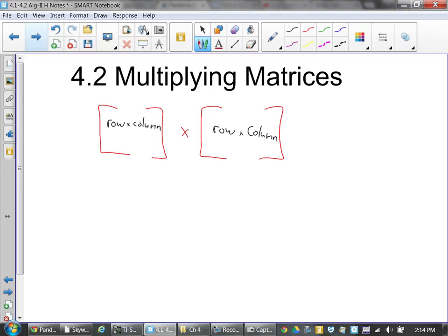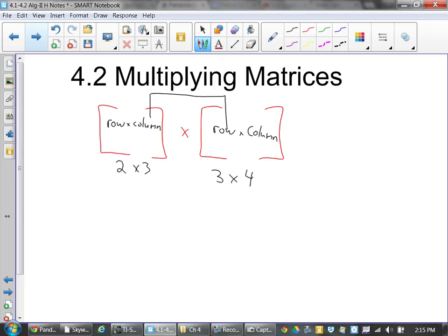The number of columns in the first matrix has to equal the number of rows in the second. For example, if I have a 2 by 3 matrix here that has 2 rows, 3 columns, this one would be 3 by 4, for example.